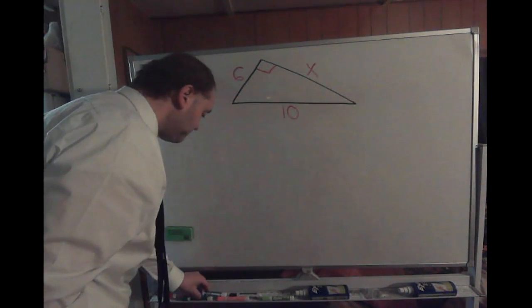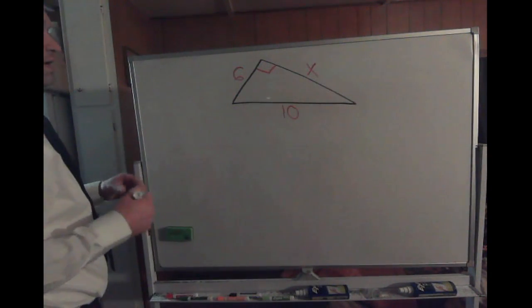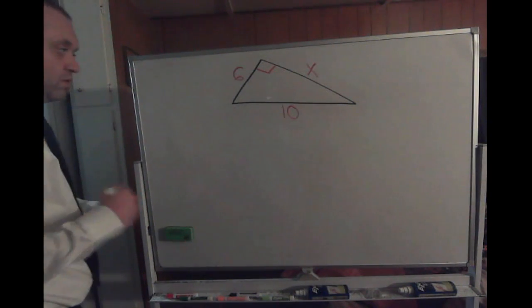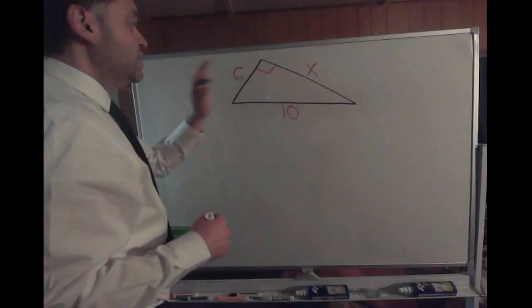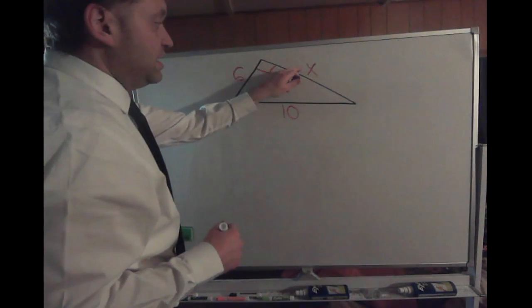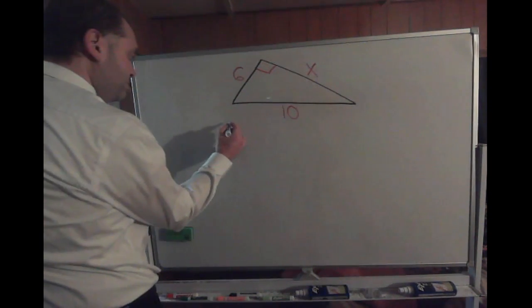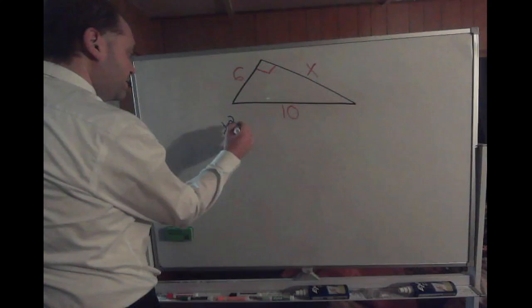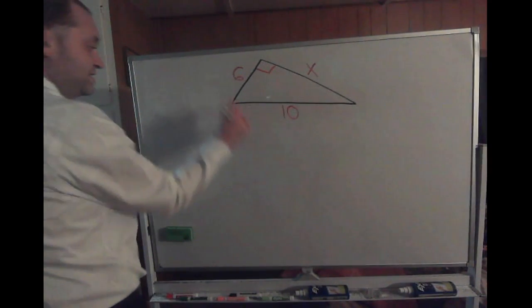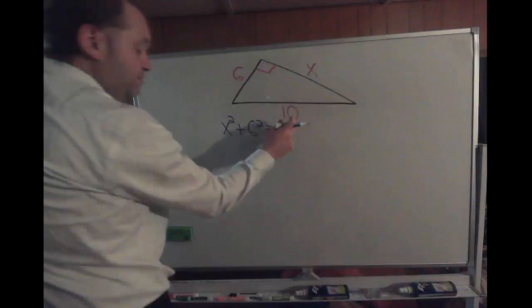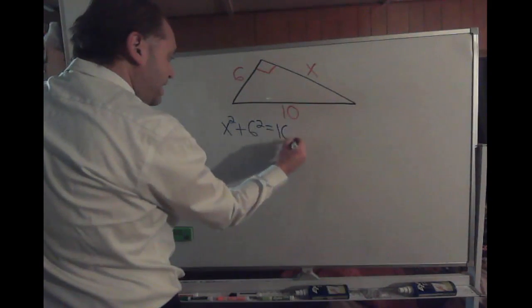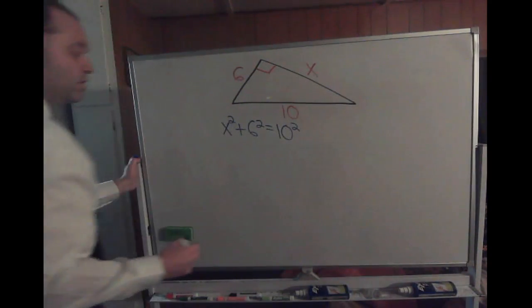So what do we know here? Of course, that a squared plus b squared equals c squared. So we'll take the length x, we'll raise that to the second power. You'll have x squared plus that 6 to the second power. That's going to be equal to the length of the hypotenuse to the second power, which would be 10 to the second power.